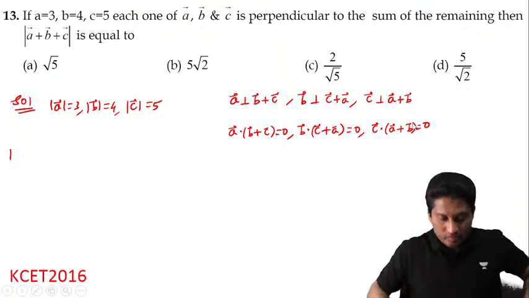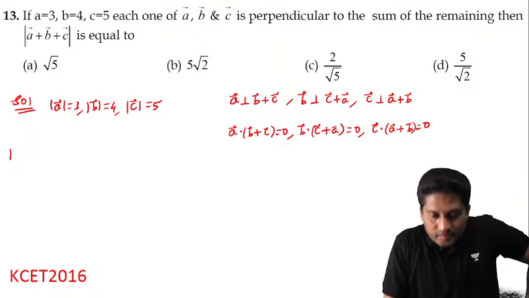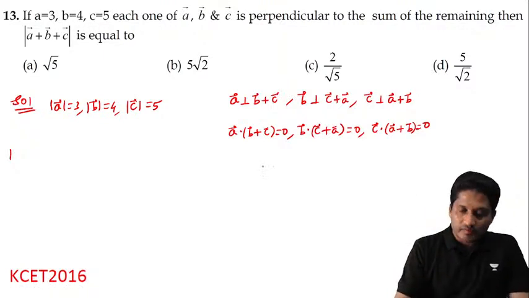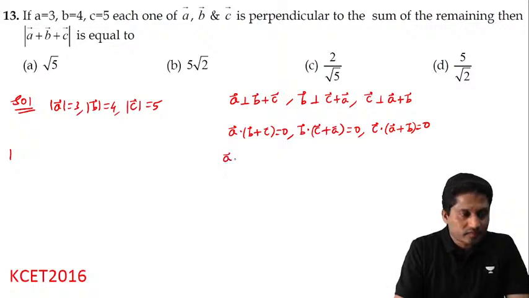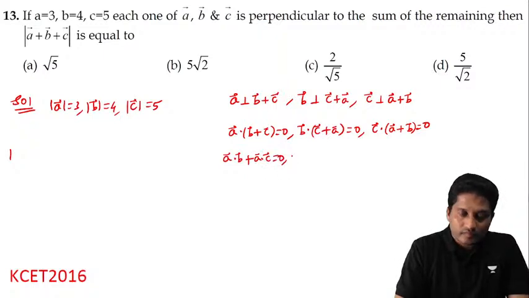Now if I use the distributive property, A dot B plus C is 0 means A dot B plus A dot C is 0. Similarly, B dot C plus B dot A is 0. Then C dot A plus C dot B is 0.